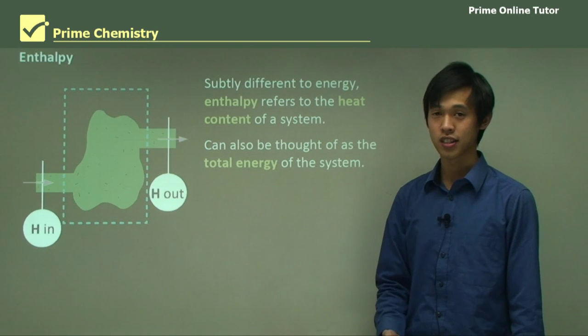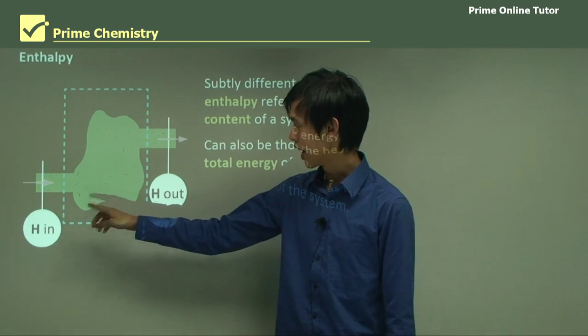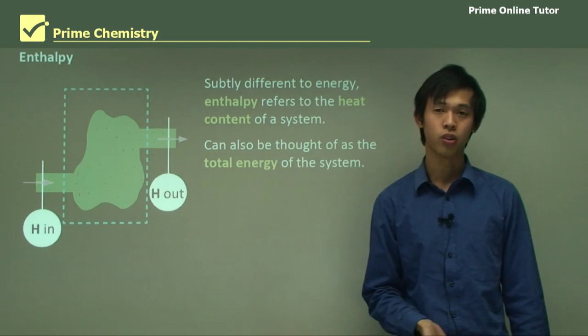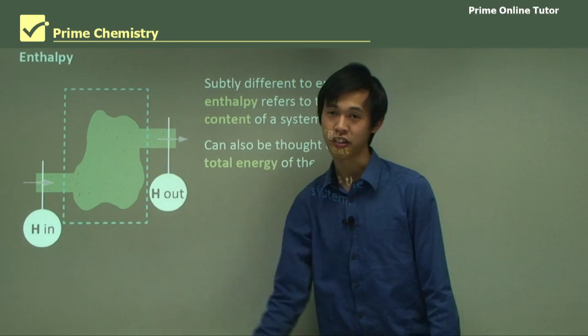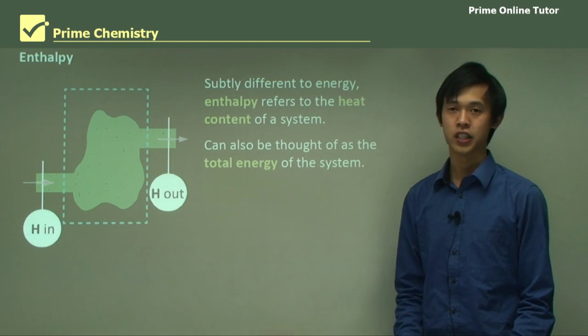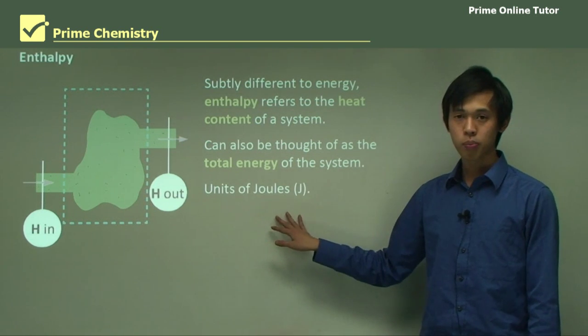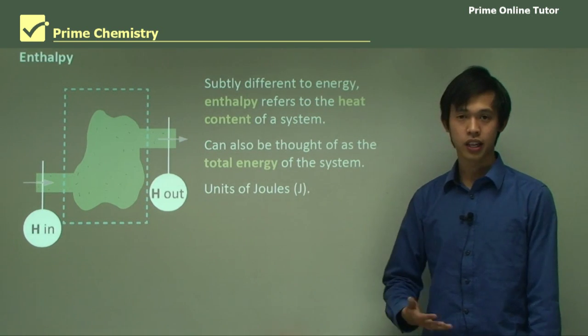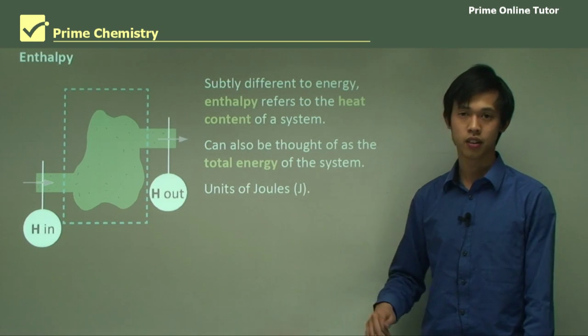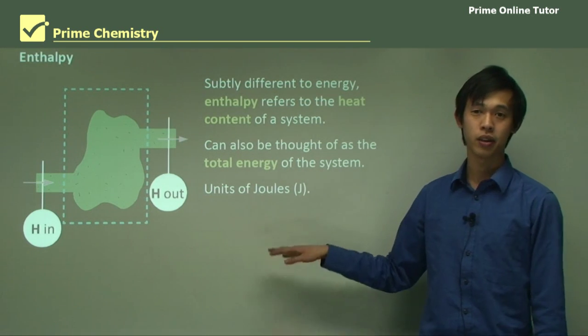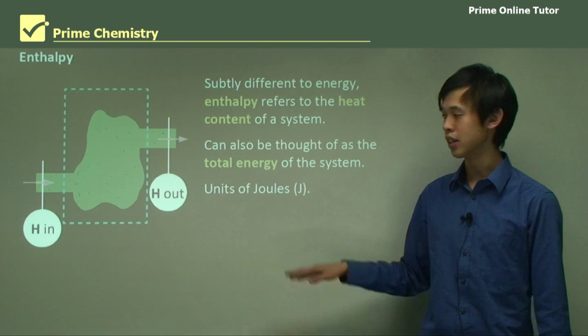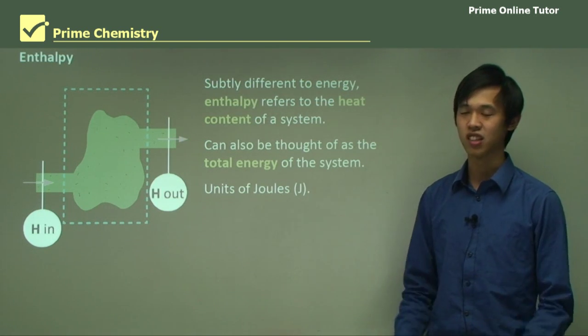Enthalpy is given the symbol H. Then we can see how much energy or enthalpy is consumed or produced in a reaction. It's in units of joules in HSC chemistry, but in university thermodynamics and chemistry we tend to use kilojoules because it's a more convenient unit to deal with.